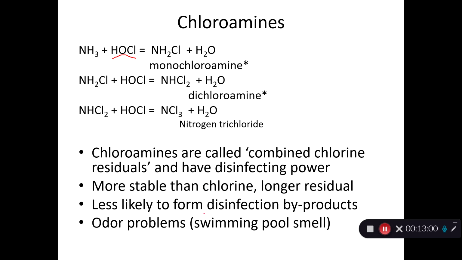And the other great thing about chloramines is that they're less likely to form disinfection byproducts. They still form some, but they're less likely. The problem with chloramines frequently is a problem of public perception because they smell bad.